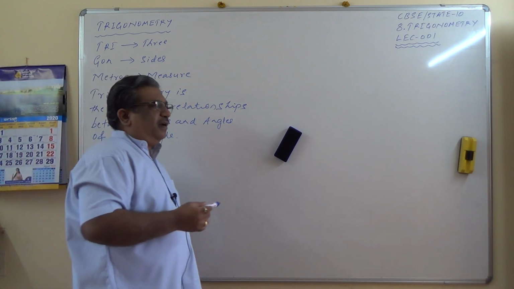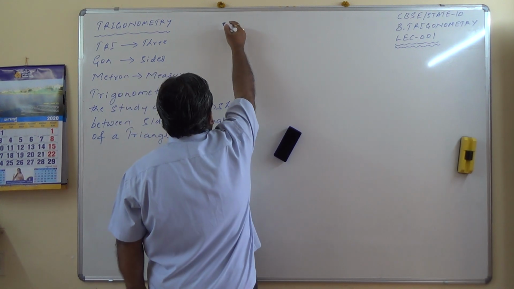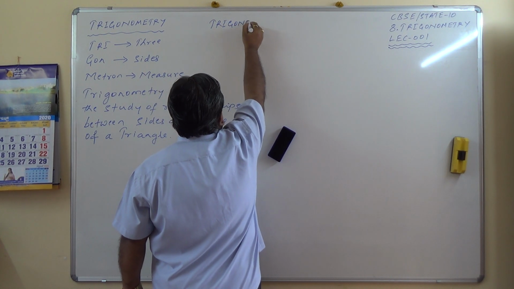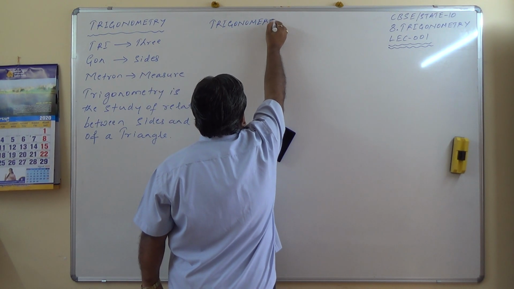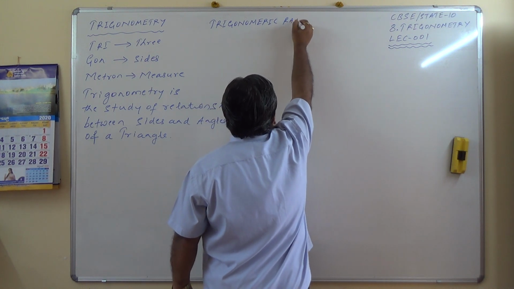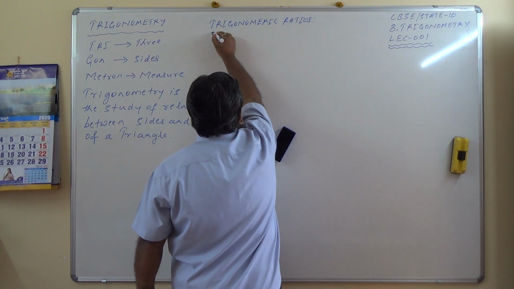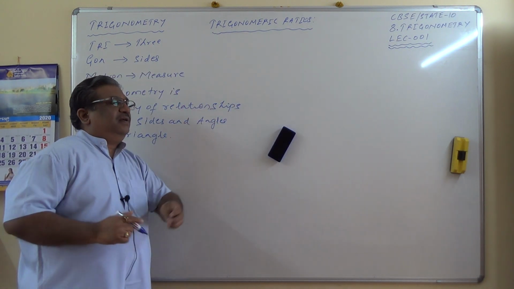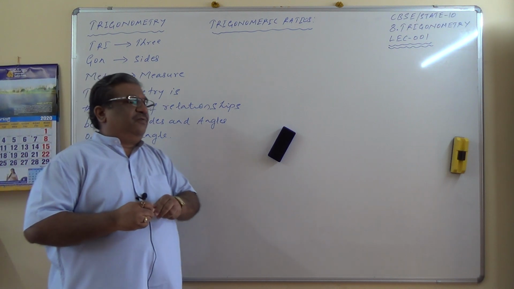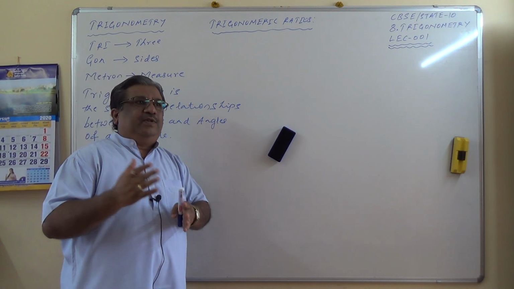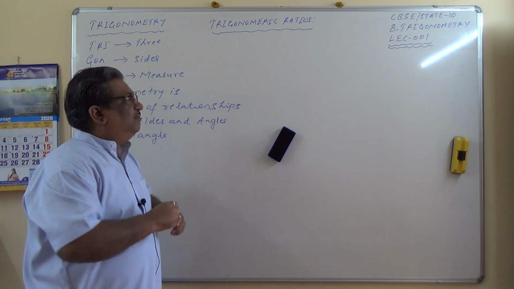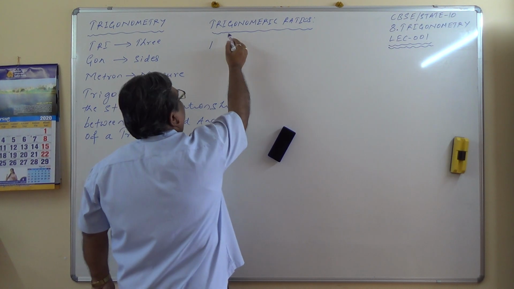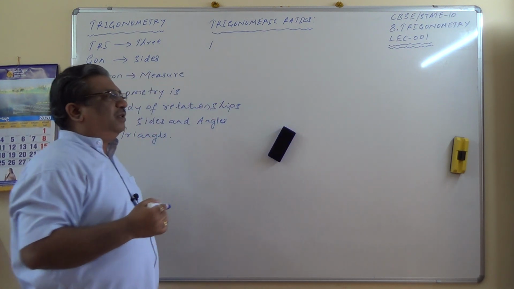Then comes, what are trigonometric ratios? T ratios, trigonometric ratios. What are these trigonometric ratios? Generally these are the ratios of sides of a right triangle with respect to its acute angles. Generally we call them T ratios.